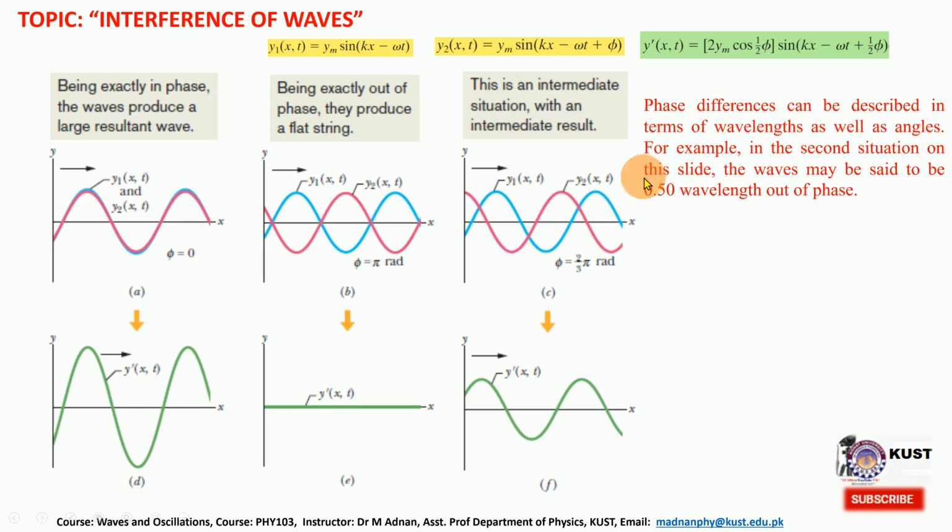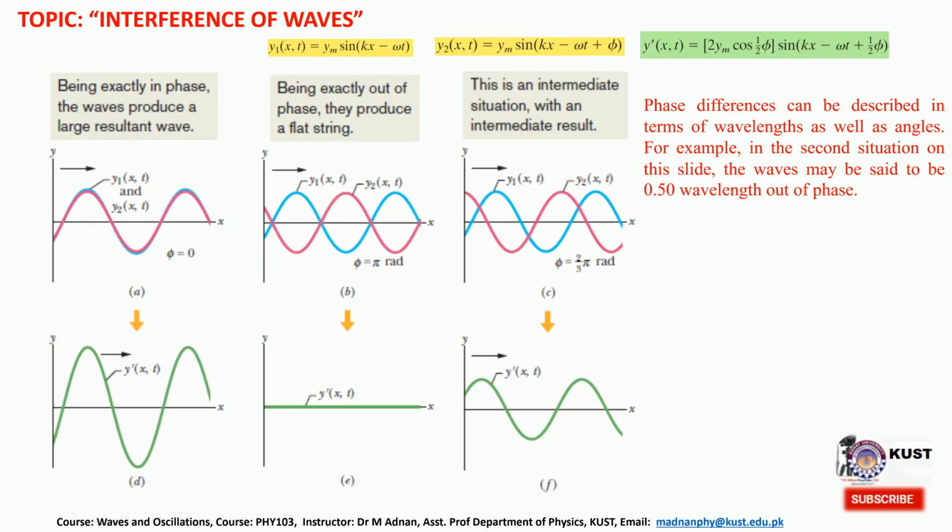In this second situation, in the middle one, the wave may be said to be 0.5 lambda out of phase. That is, one wave is behind the other wave by 0.5 lambda.